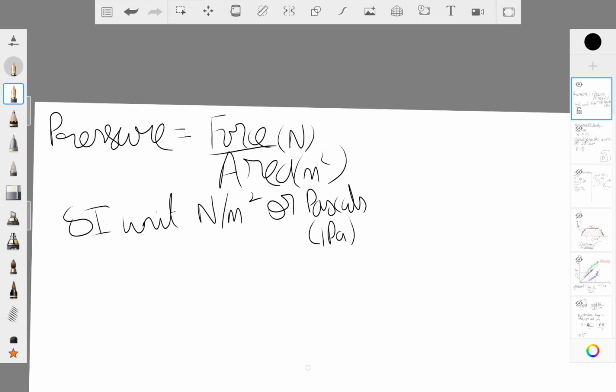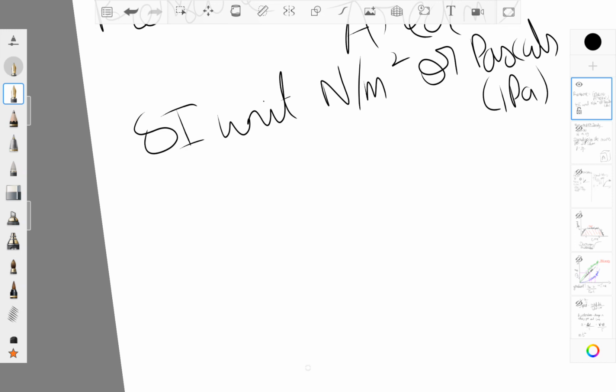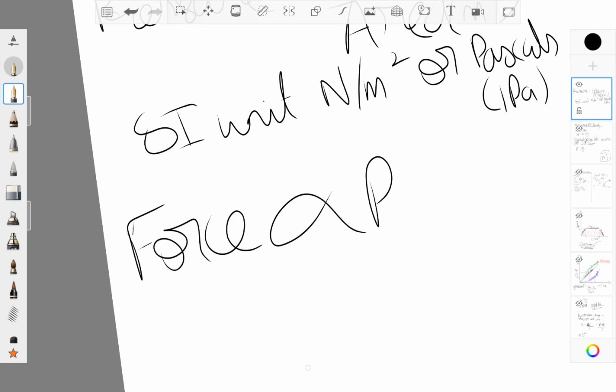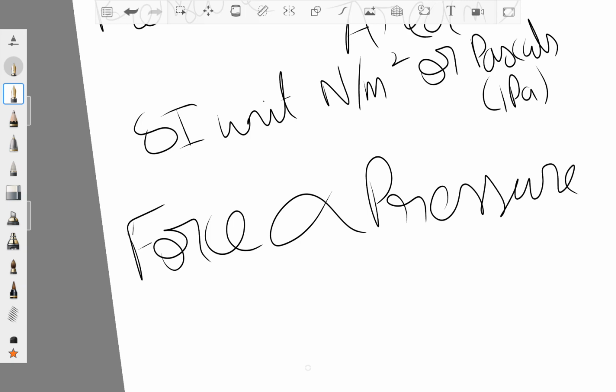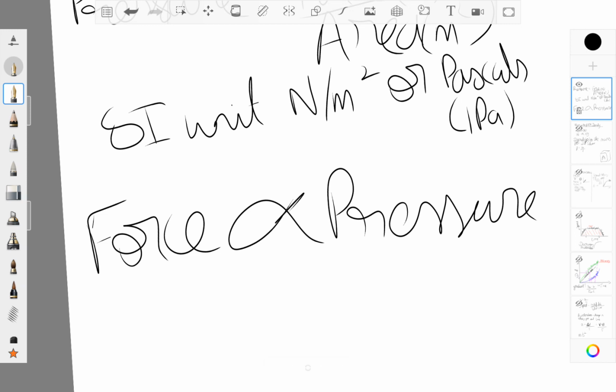Pressure has some factors. So for solids, the force is directly proportional to pressure. So the greater the weight of an object, or the greater the force applied on an object, the greater the pressure.